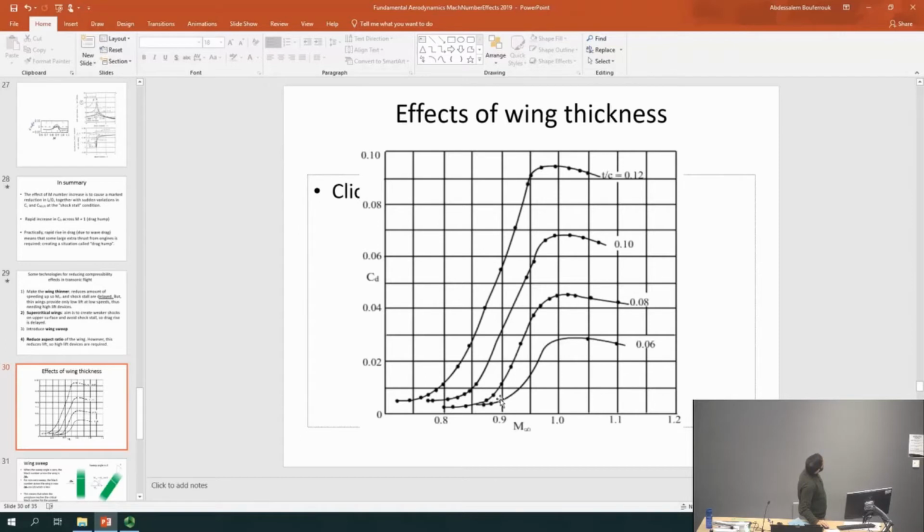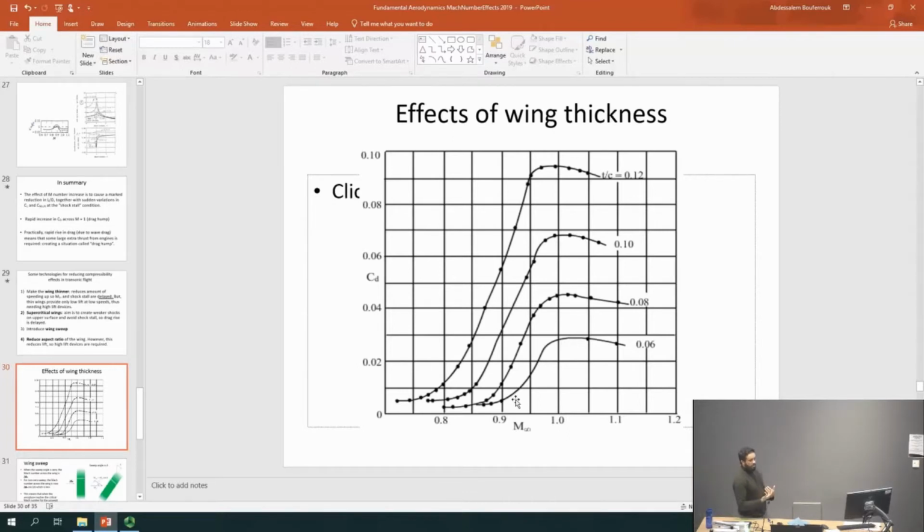Now, if you do the 8%, it is even delayed to 0.88, maybe, before you get the drag rise. And then finally, with the 6%, delayed to just over 0.9. So clearly, you can see, as you make your wing thinner, it allows you to fly faster and delay the drag rise.